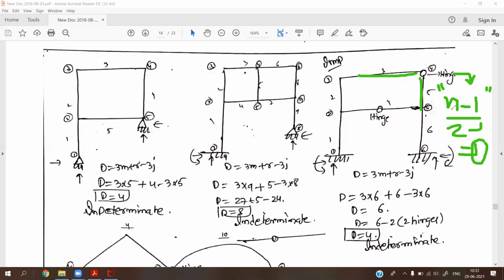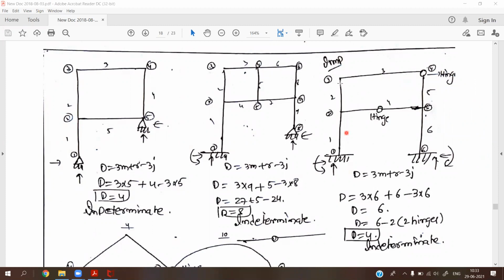The additional equations are n minus 1, where n is the number of members connecting to the hinge. Here two members are connecting at the hinge, so 2 minus 1 is 1.